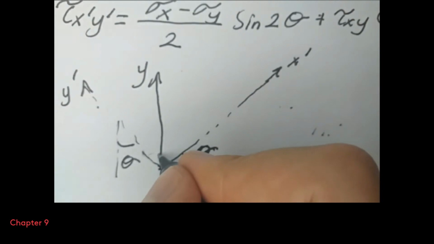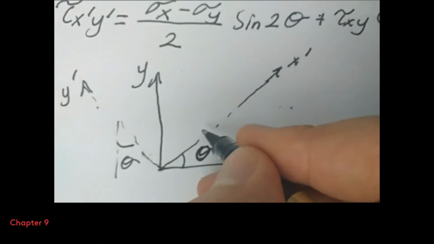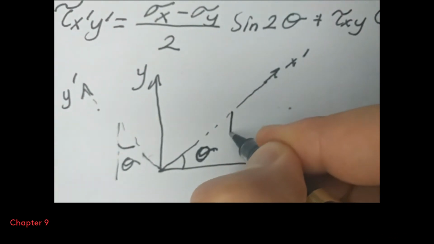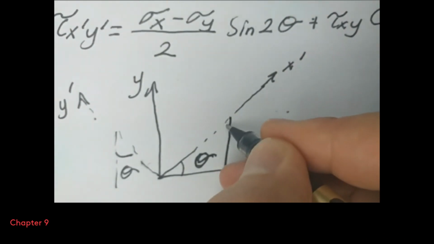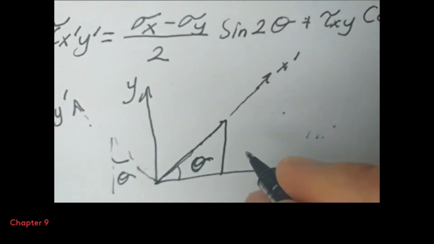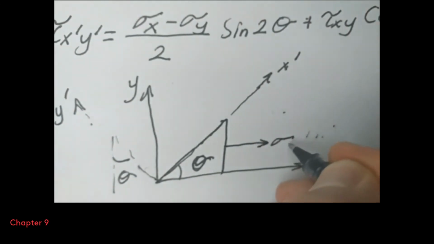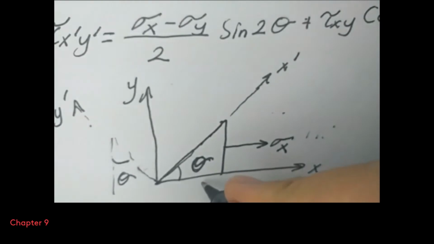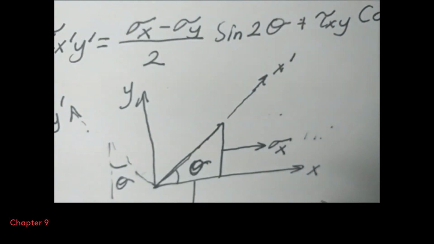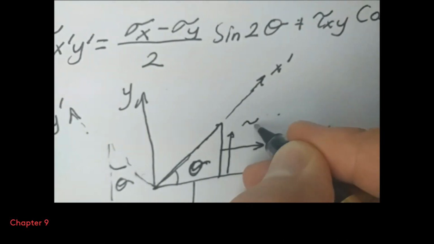Okay, now let's draw a unit, half of a unit cube here. Now we have sigma x, we have sigma y, we have tau xy, and we have tau xy.